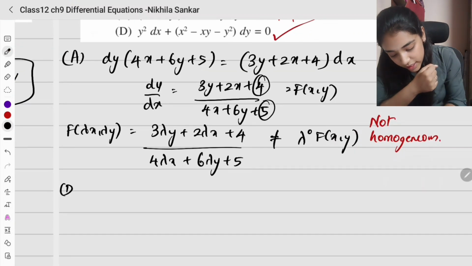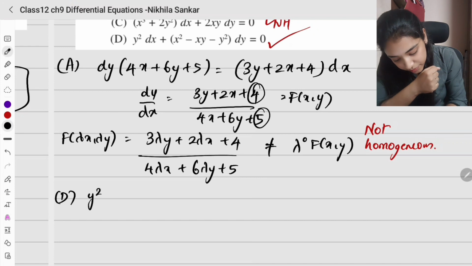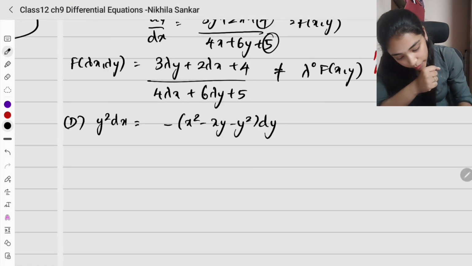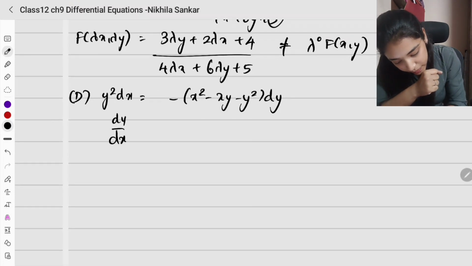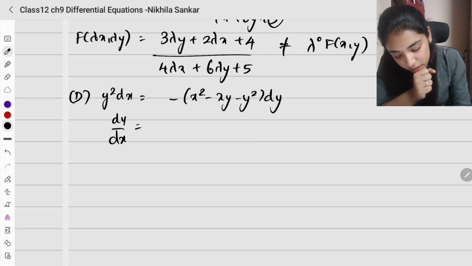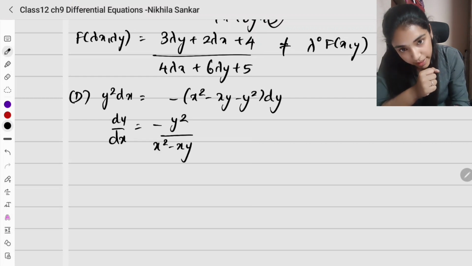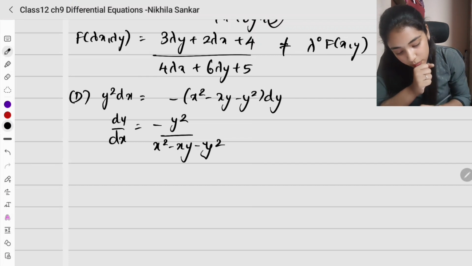How? Let us solve that. D option. y square dx equals minus of x square minus xy minus y square dy. Now what is dy by dx? dy by dx is y square divided by minus, I'll put it here, x square minus xy minus y square.